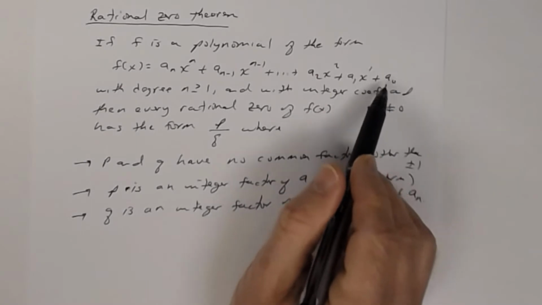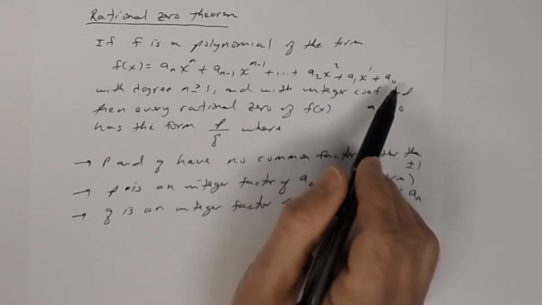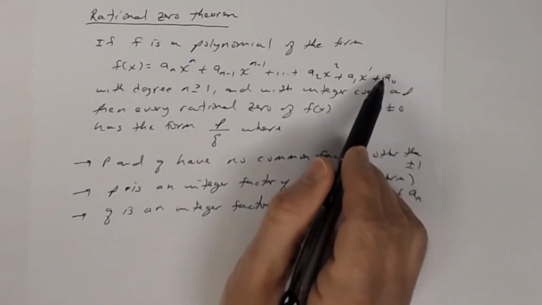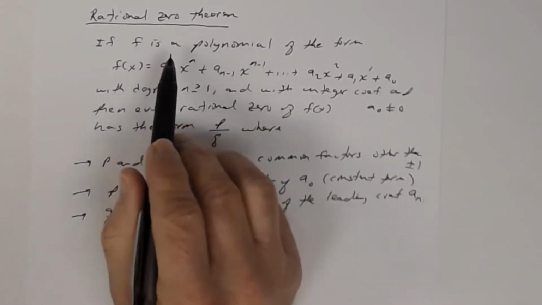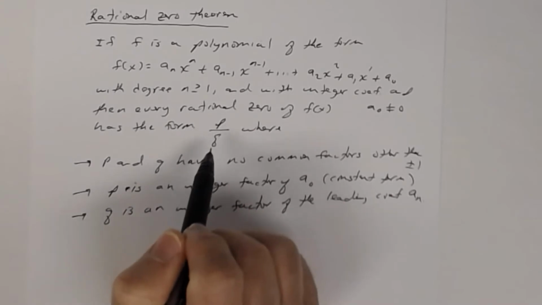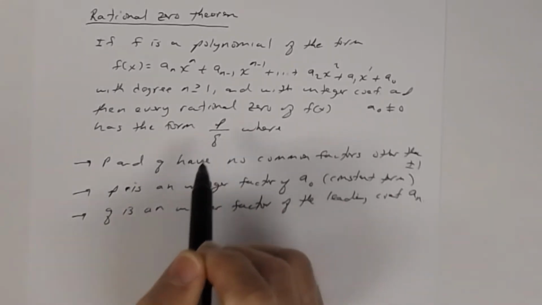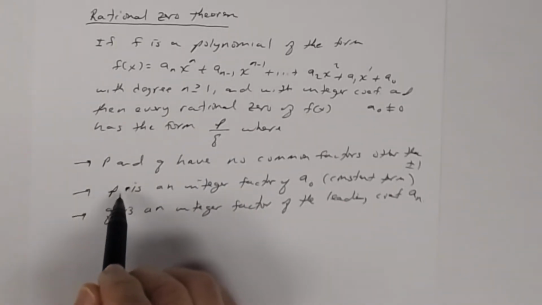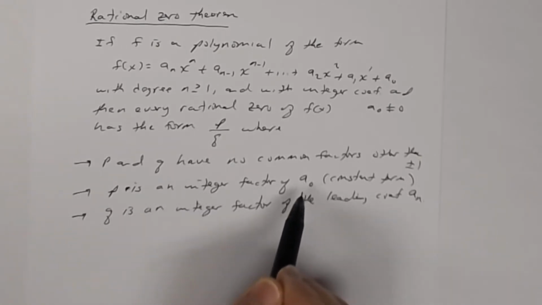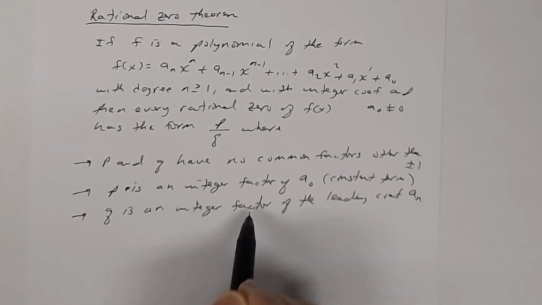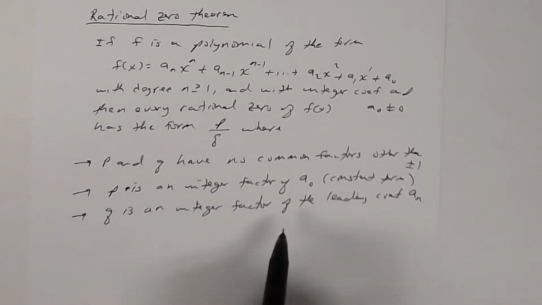So in order to use the rational zero theorem, you must have a constant other than 0. Then every rational zero of this function is of this form, p divided by q. And so you may say, what's p divided by q? Well, p is an integer factor of the constant term. And q is an integer factor of the leading coefficient.